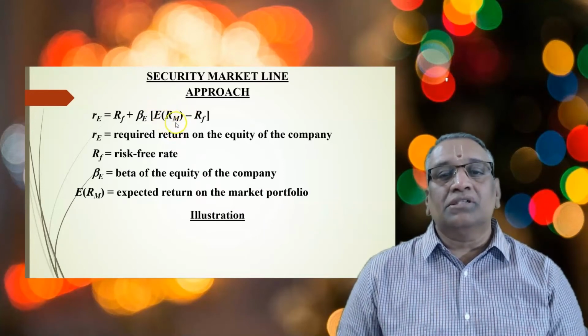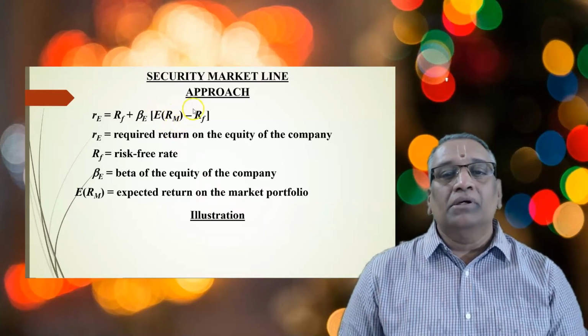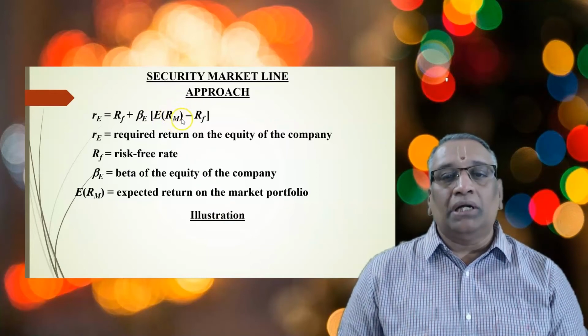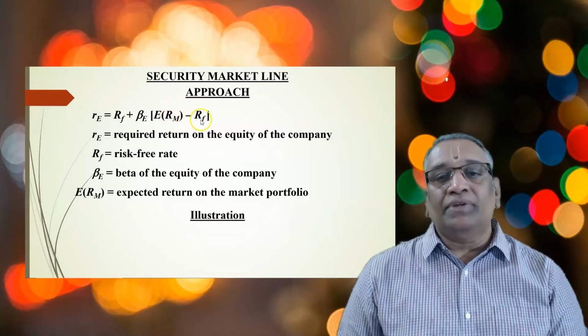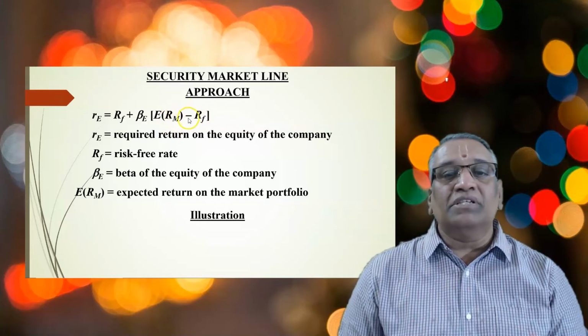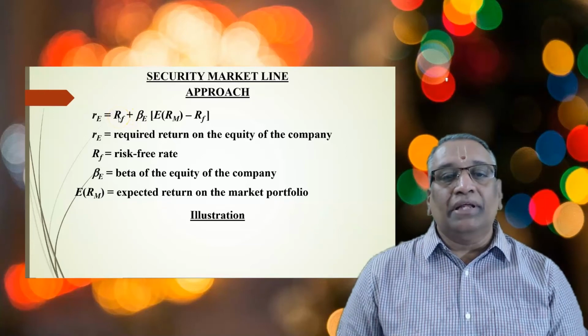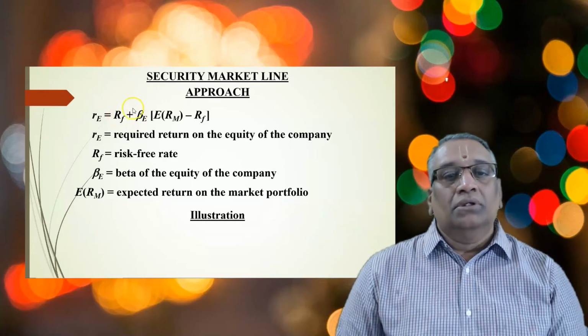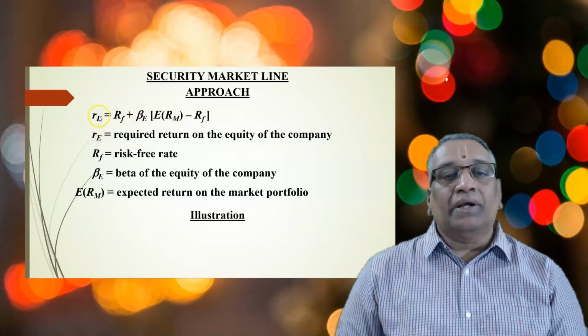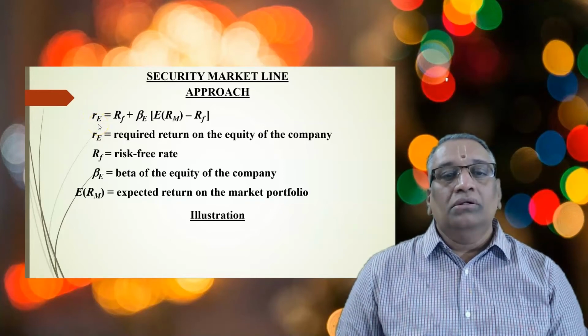This component is called the risk premium. That is, expected market return minus risk-free rate will give you the risk premium, which is to be multiplied by the equity beta. And if you add it to the risk-free rate, you get the return expected by the equity shareholders, or the cost of equity.